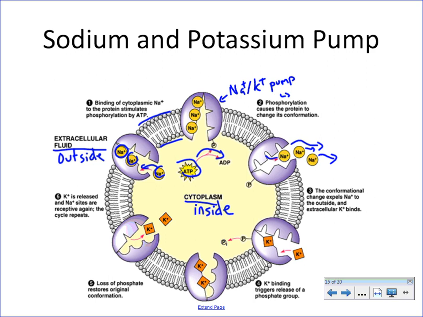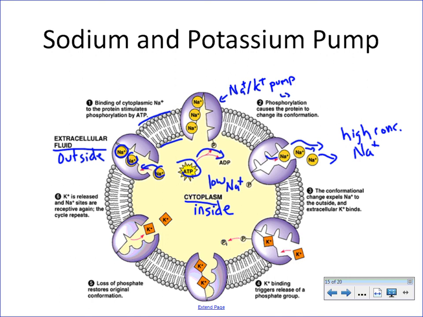On the outside of the cell, it's going to start building up a high concentration of sodium ions on the outside. So on the inside, there will be a low concentration of sodium ions. So to get those sodium ions out, ATP is used to do that.